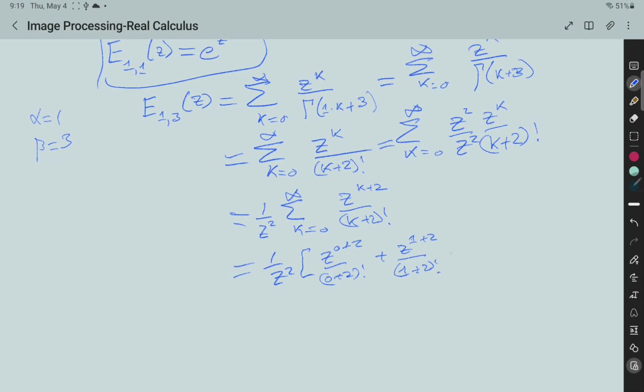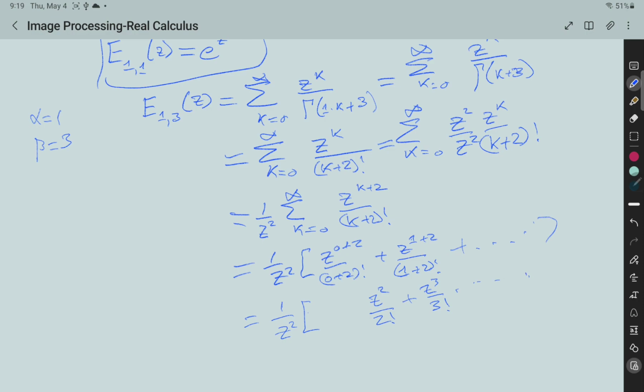So essentially, what we have here is 1 over z squared. And the first term here is z squared over 2 factorial. And then the next term is z cubed over 3 factorial, and so on.